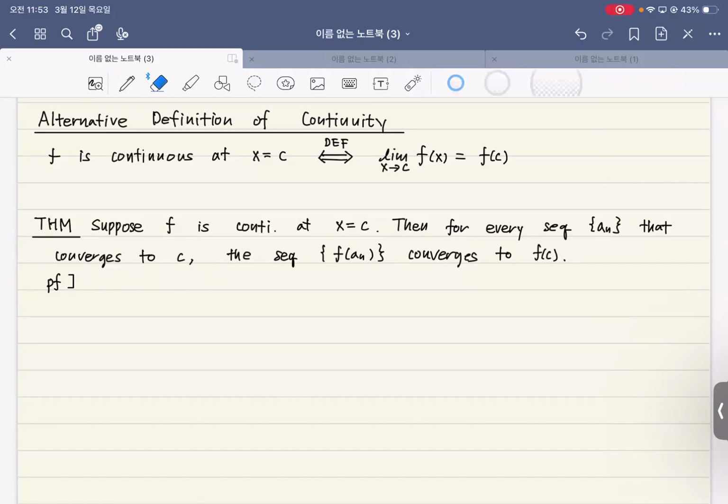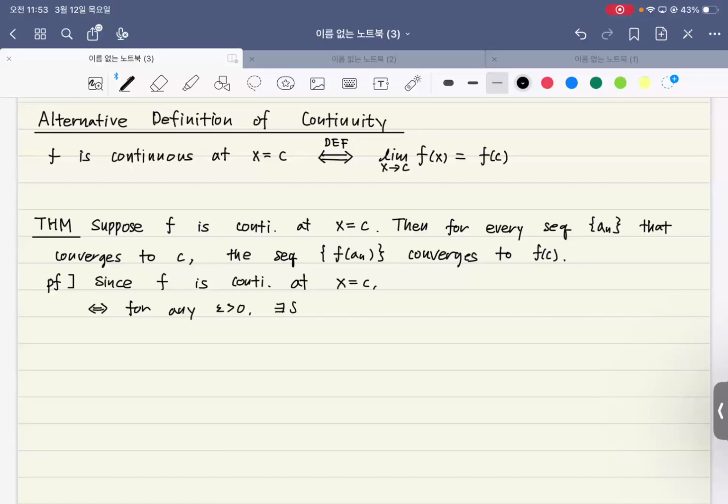Since f is continuous at c, for every epsilon there is a delta such that if the absolute value of x minus c is less than delta, then the absolute value of f of x minus f of c is less than epsilon.